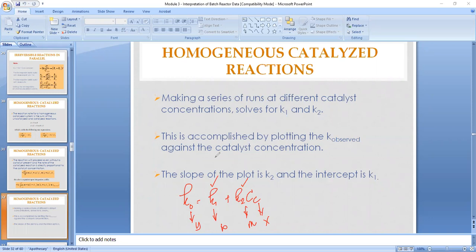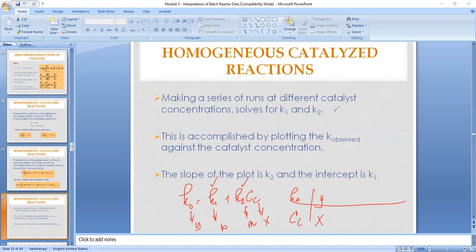But even if you don't do it graphically, given a pair of data set, K sub O and C sub C, your K sub O is the y, and your C sub C is the x. Using linear regression in your calculator, you can get the slope of the best fit line and the y-intercept. So you right away can get K sub 1 and K sub 2.